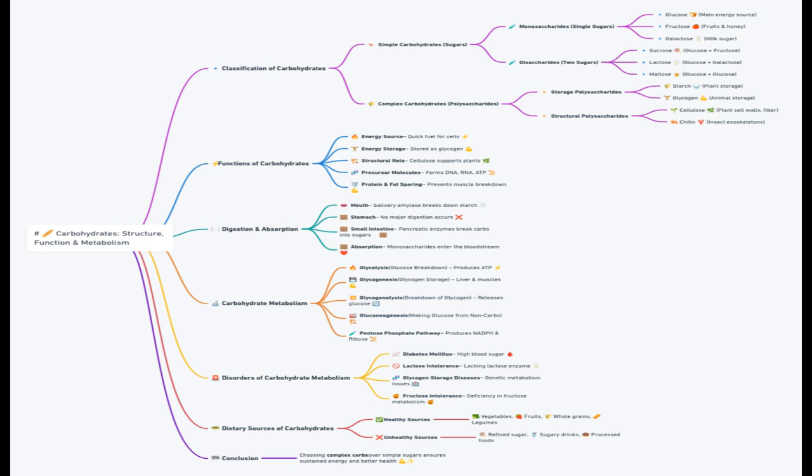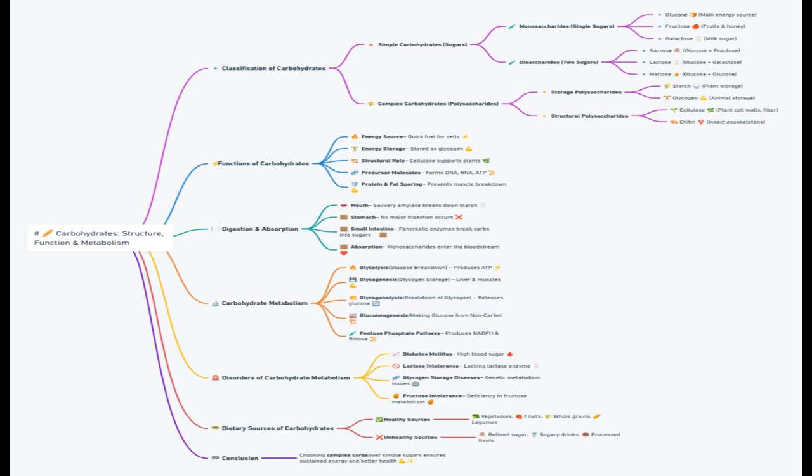Amylose, for instance, is a homopolysaccharide, and they all fall under starch, which is energy storage in plants. So amylose is a homopolysaccharide, and the repeating unit is alpha 1,4 glycosidic bonds, which is linear.